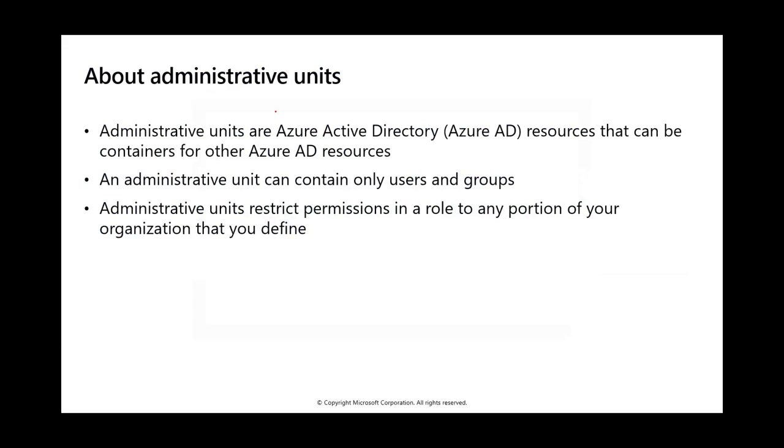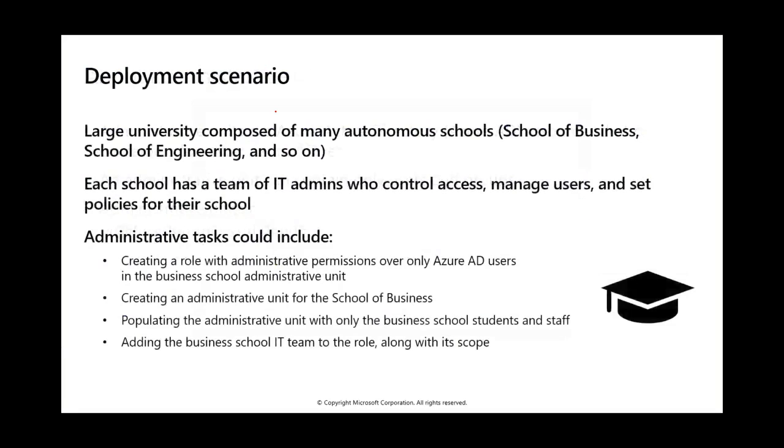So you would have an administrative unit within your Azure Active Directory. It groups users together and provides administrative permissions for certain users within that group. So, for example, here we have a scenario. We have a large university composed of many autonomous schools, school of business, school of engineering, and so on.